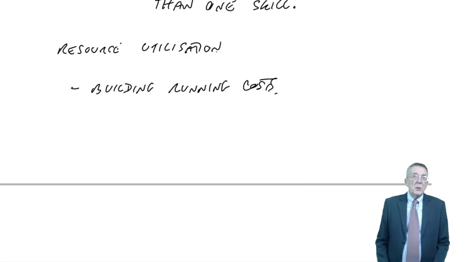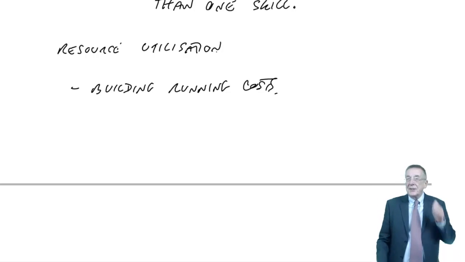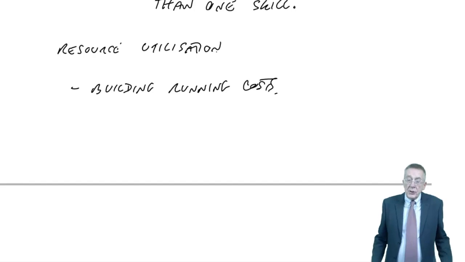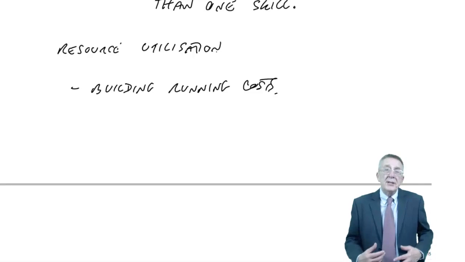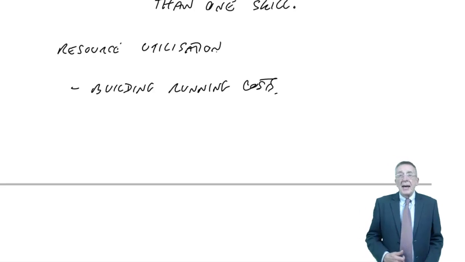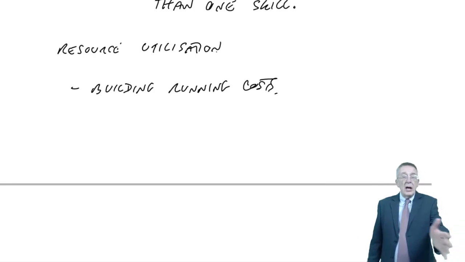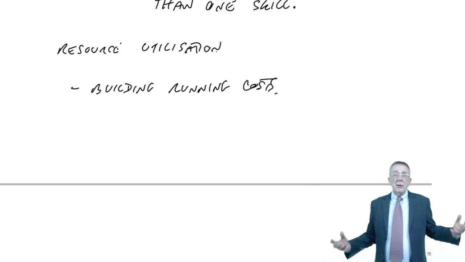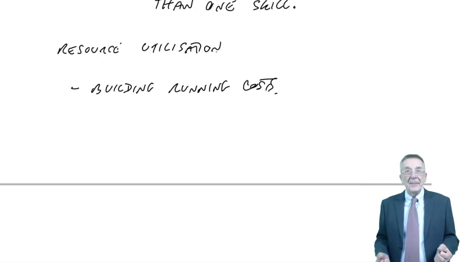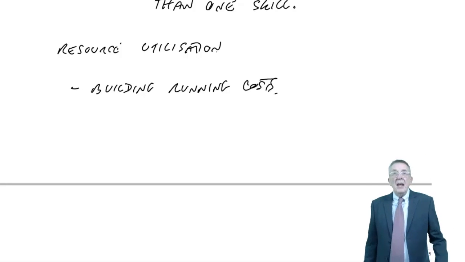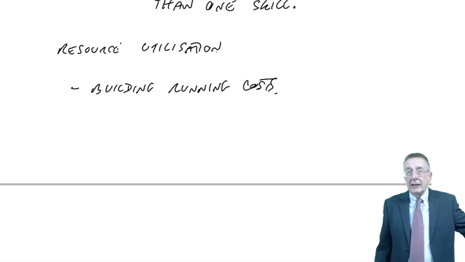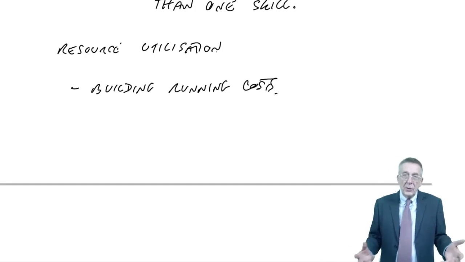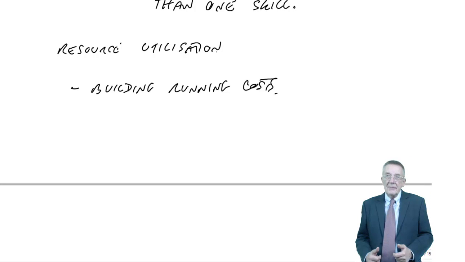There's a lot of costs in running the hotel, you know, the heating and the electricity and so on. We accept we've got to pay it, but we want to make sure that we're getting as much for it as we can. And surely the ideal would be to have the hotel always fully occupied. If all the rooms were filled with paying guests, that's the best we can hope for. But if we're having to pay all these costs of heating, electricity and things, and the hotel's always half empty, then surely we're wasting the resource.